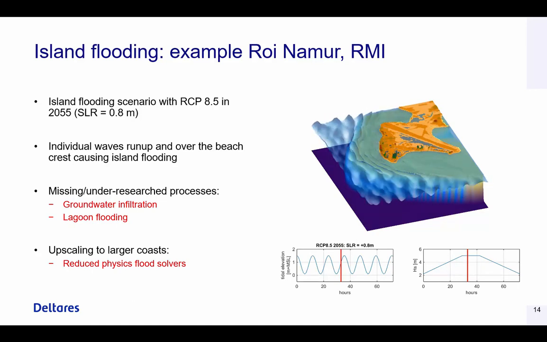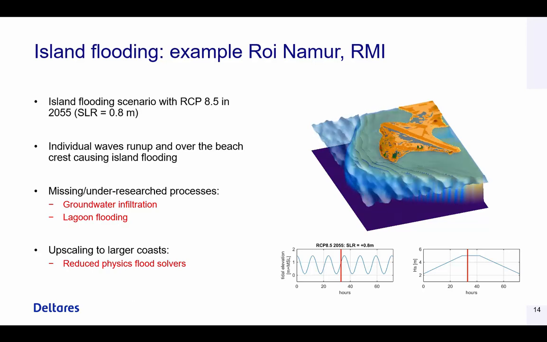Here you see waves coming from the left, which is from the north in this case, and I'll advance the movie a little bit to show that we now can do flooding over these low-lying islands. And this is for a scenario of RCP 8.5, so business as usual, with a sea level rise of 0.8 meters in 2055, which causes severe flooding already.